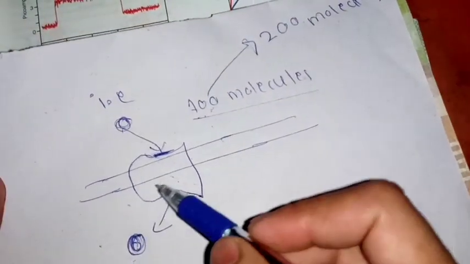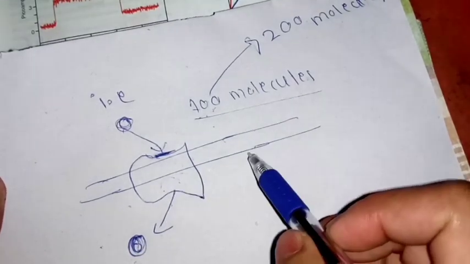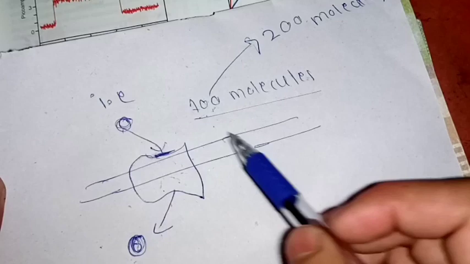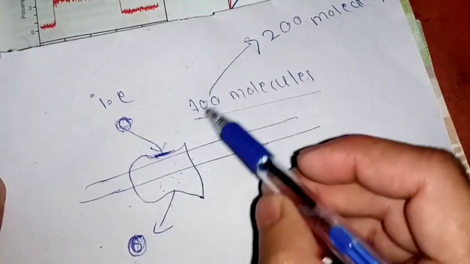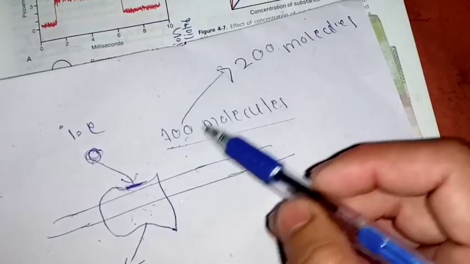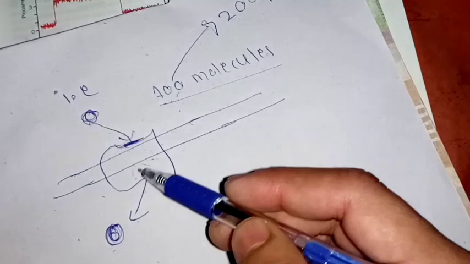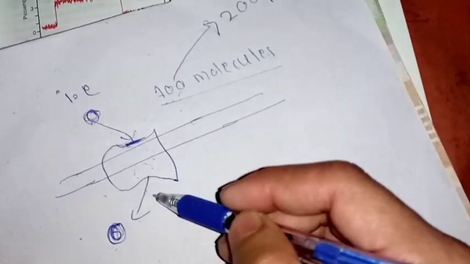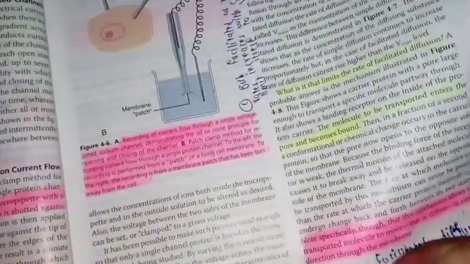No, because 3 times per minute is the maximum capability of the carrier protein, and this maximum occurs at 100. So increasing the molecules to 200 will not change the capability of the carrier protein. That's why the maximum point occurs for facilitated diffusion. This is the reason. Now, facilitated diffusion is done.